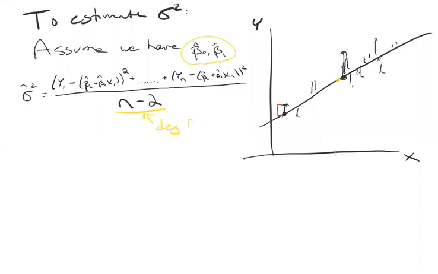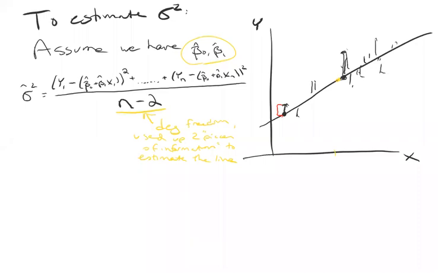It's a term we've now heard before, degrees of freedom. And the idea is we used up 2 "pieces of information" to estimate the line, to estimate the intercept and slope. Now, I don't mean to imply that pieces of information is a technical term.